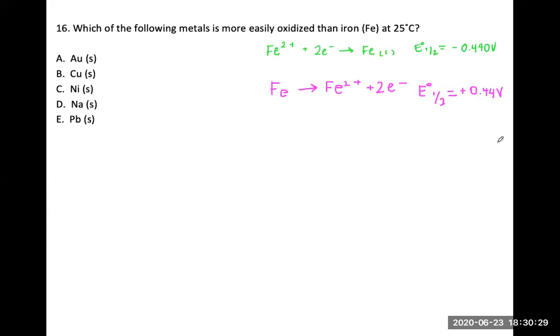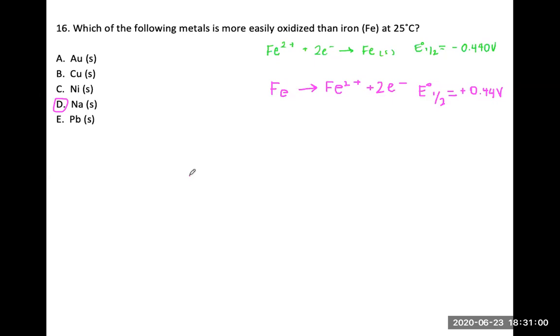That would be more favorable, more easily oxidized. Anything below iron will be more easily oxidized: chromium, zinc, manganese, aluminum, magnesium, sodium, calcium, lithium. Then we just have to pick the right one. Of these, sodium is the one that falls below iron.